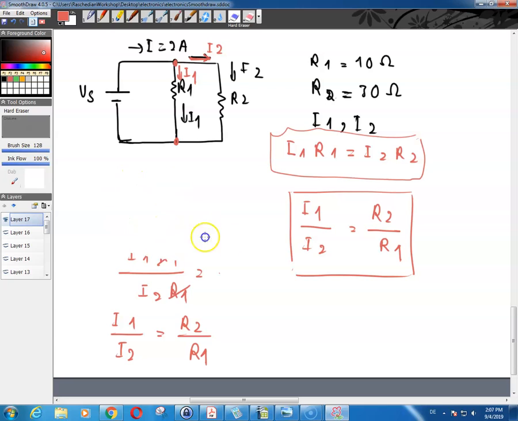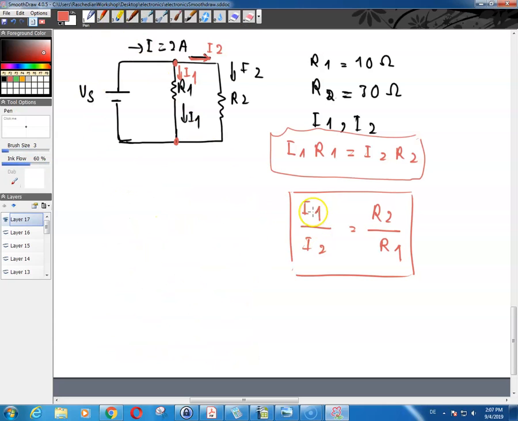Now using this relationship, you need to know that I1 plus I2 is equal to the total current I, because this I comes all the way up to this point and is then divided into these two branches.